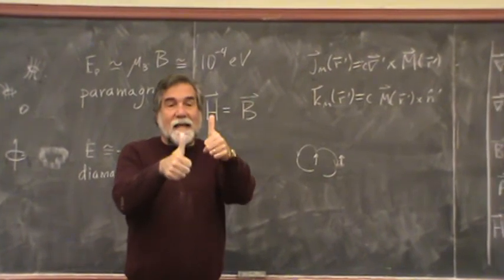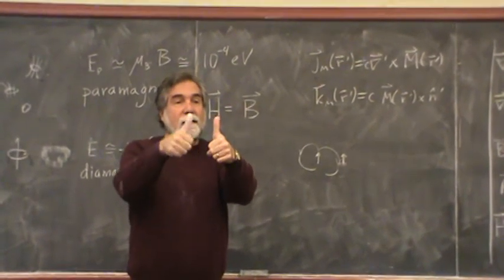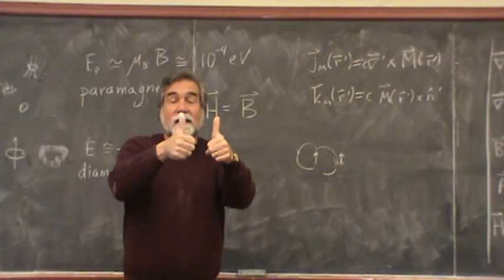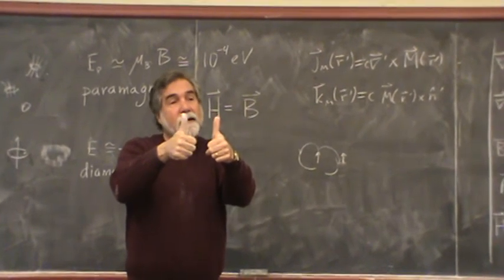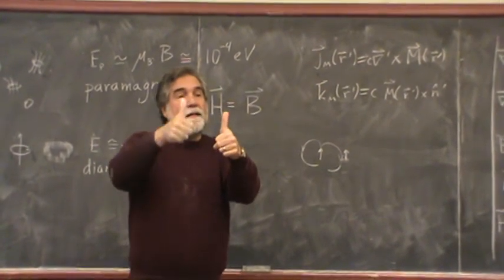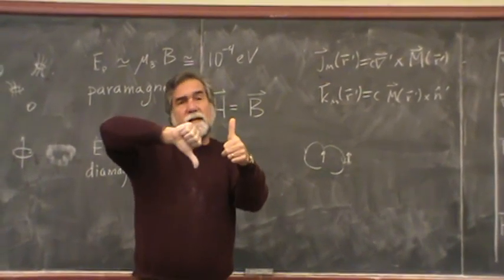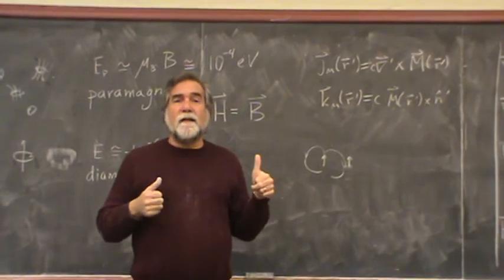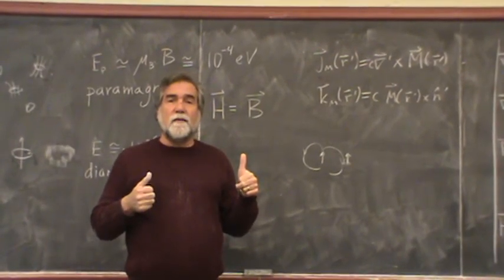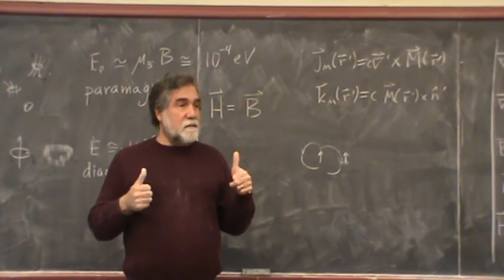These are chemical energies, bonding energies, which typically might be a few electron volts, but the difference between this and this turns out to be maybe half an electron volt or a tenth of an electron volt, much bigger than kT.